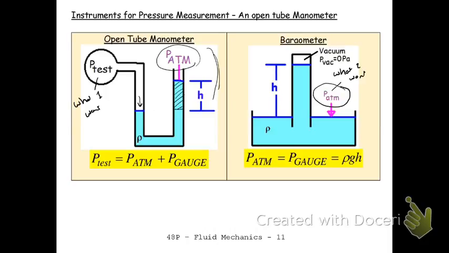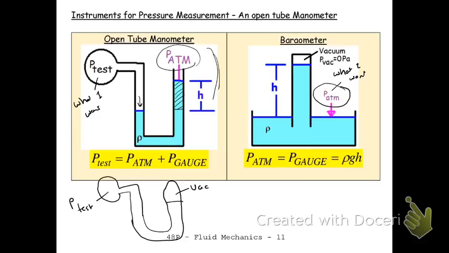The atmosphere on the right-hand side is what I'm trying to find, so I could call that P test. It happens to be the atmospheric pressure, but it could be P test. I could have this, where that's a vacuum, and that's P test.